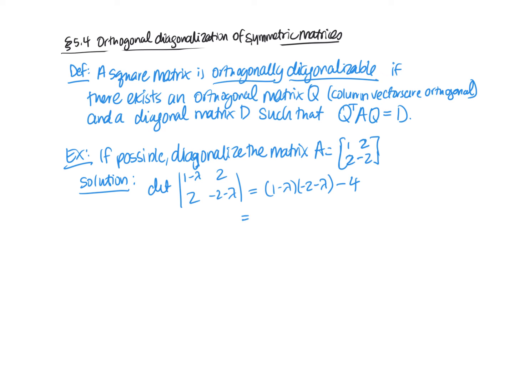That gives me lambda squared minus lambda plus 2 lambda, so plus lambda, and then minus 2 minus 4, so minus 6. That factors into (lambda minus 2)(lambda plus 3). So I get lambda equals 2 and minus 3 as my eigenvalues.